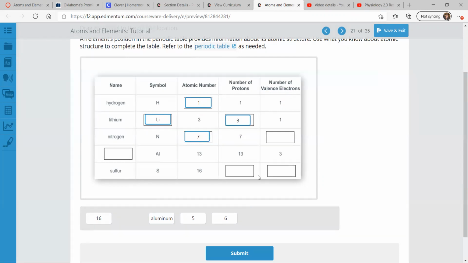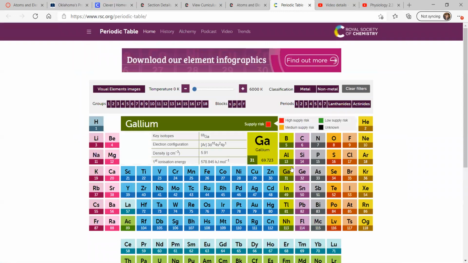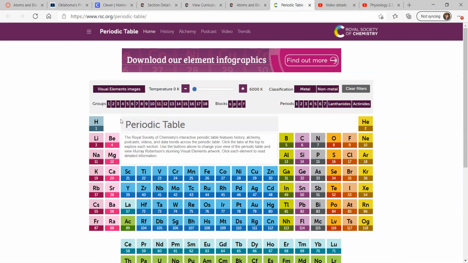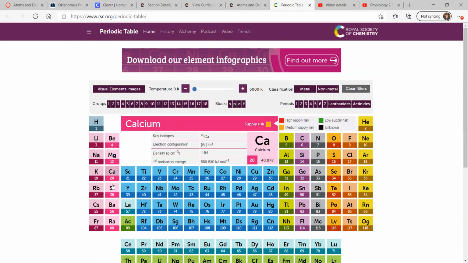Number of valence electrons. So now we're going to look at the periodic table. So nitrogen is here, and then we count the vertical groups over to see how many are in the outermost layer. So we have 1, 2, 3, 4, 5. So there's 5 in the outermost level of electrons.